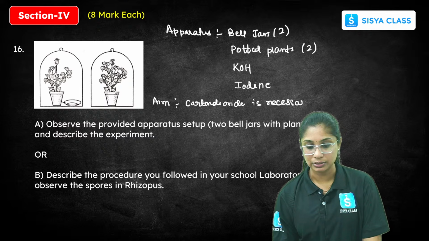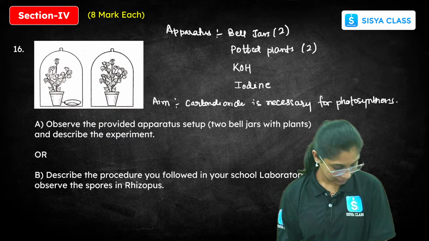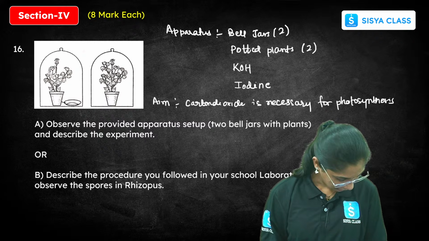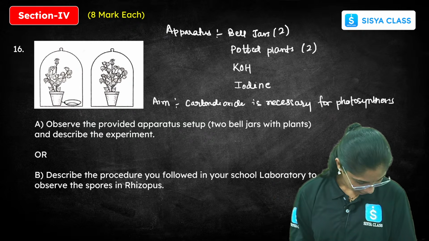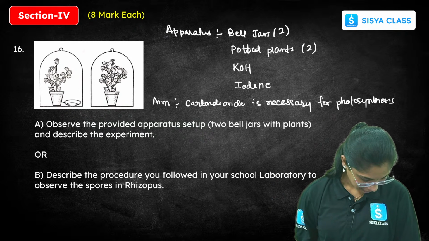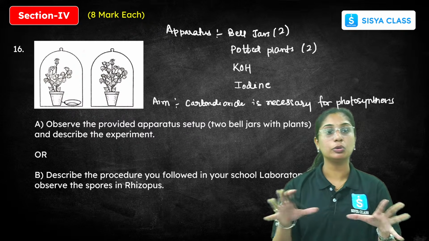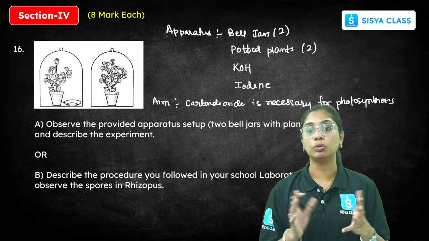Okay, fine. So now what happened? We take 2 bell jars. In them we have 2 potted plants.